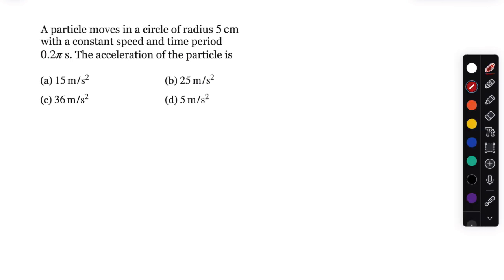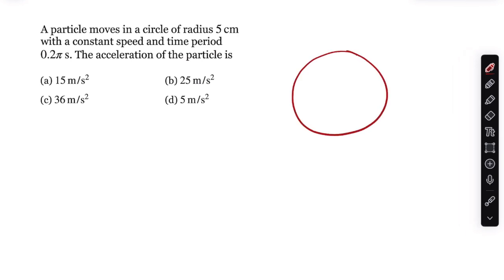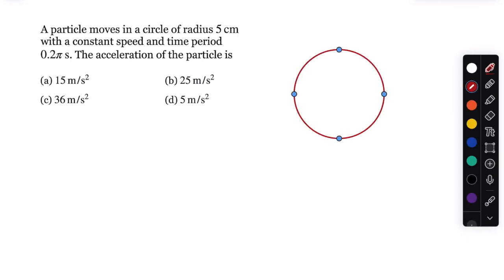So we're supposed to find what the acceleration of the particle is, and this particle is moving along a circle. So we know what the radius of the circle is. The circle has a radius of 5 centimeters, and so the particle goes along the circle with a constant speed, which means the particle is in uniform circular motion. So what's the acceleration that they're talking about here? It's the centripetal acceleration.